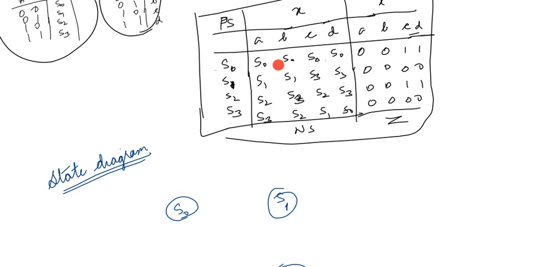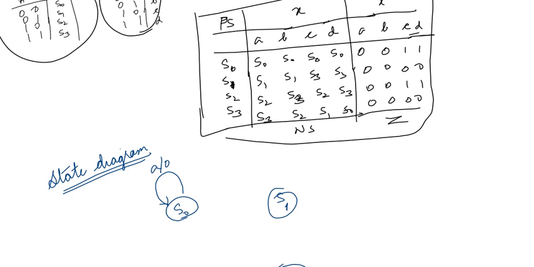The same state. So when the input is A, you can see it very clearly, I go to the same state. The present state is S0. When the input is A, what is the output? Output is 0.